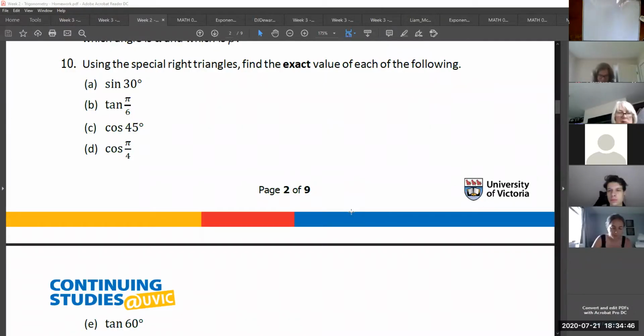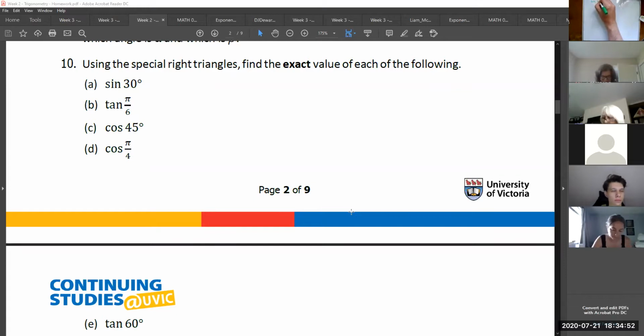Next, I was asked to do question 10, which should also cover off special triangles. So question 10, just to remind everybody, says, using special triangles, find the exact value of each of the following.